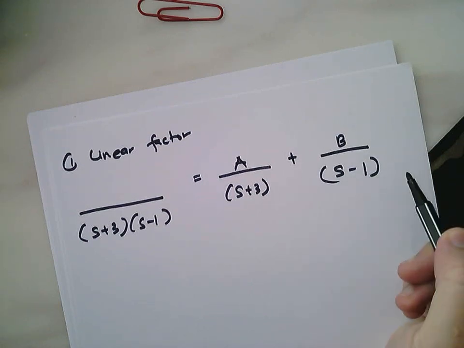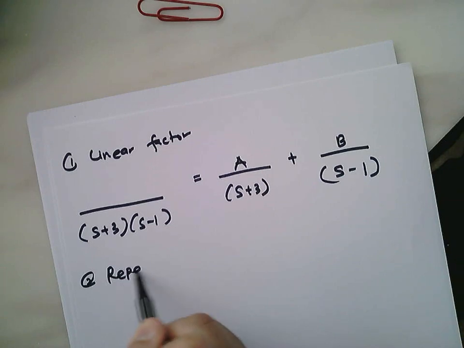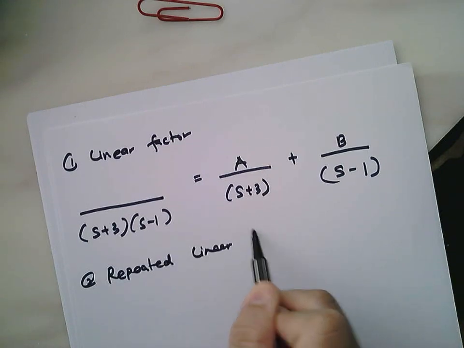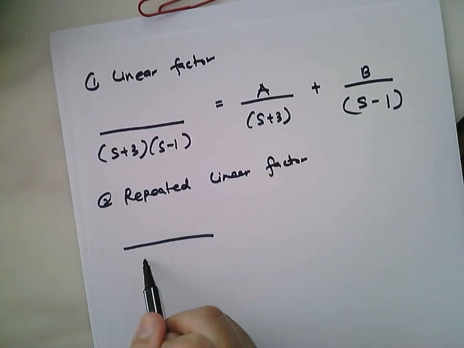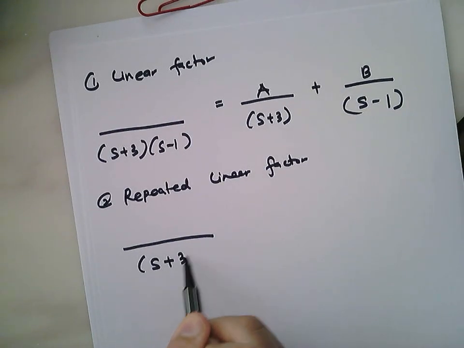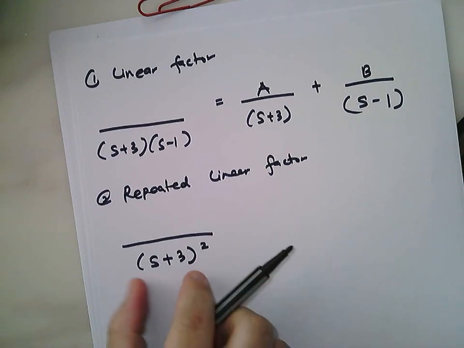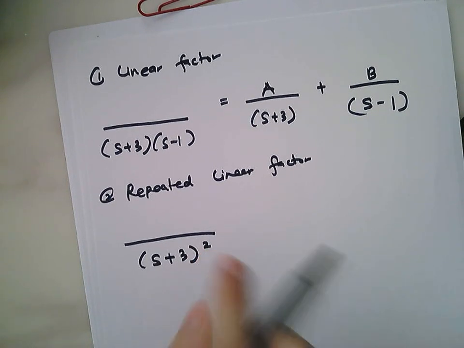The second one is repeated linear. Let's say you have (s + 3) squared. This is repeated linear because this function repeats twice. So what is the partial fraction?